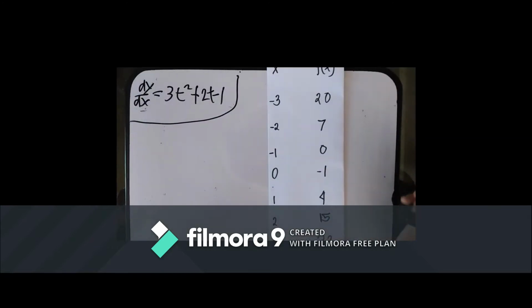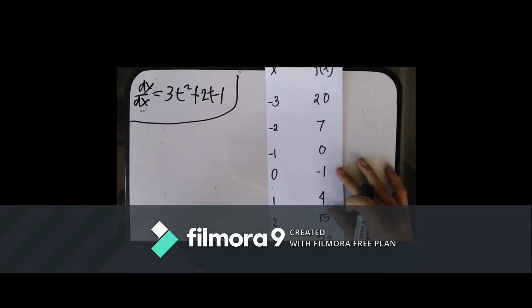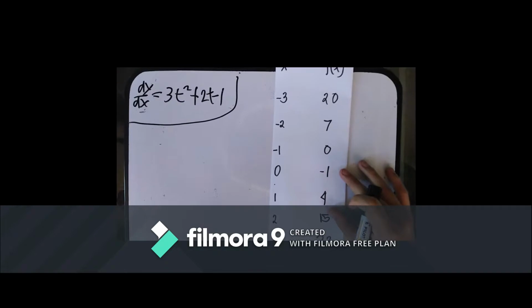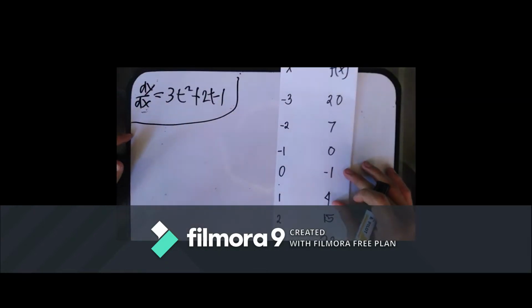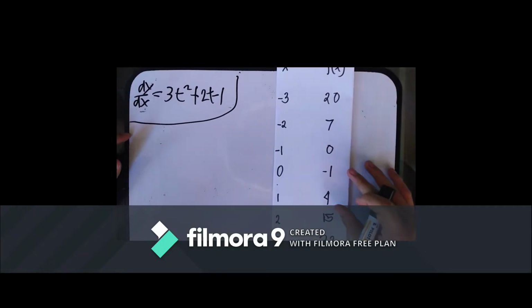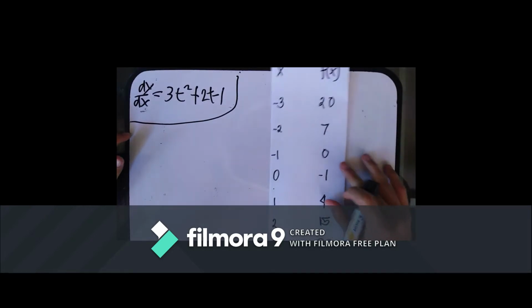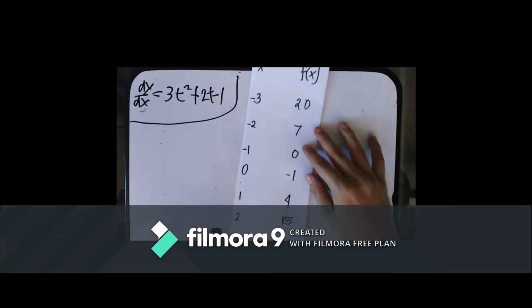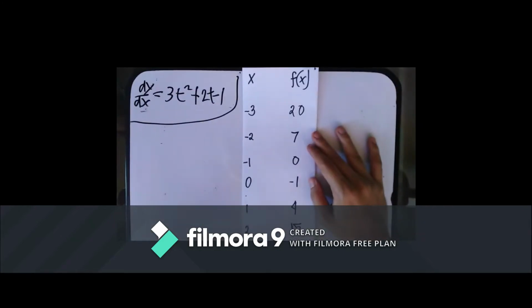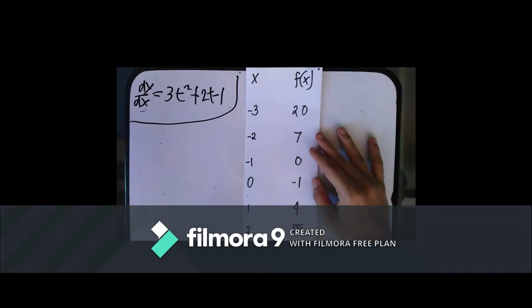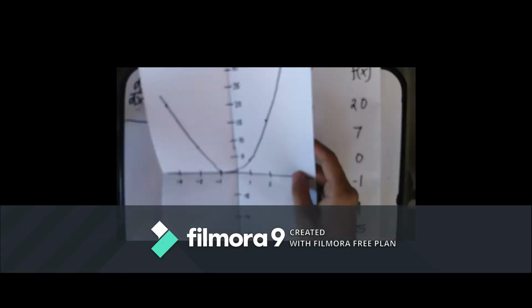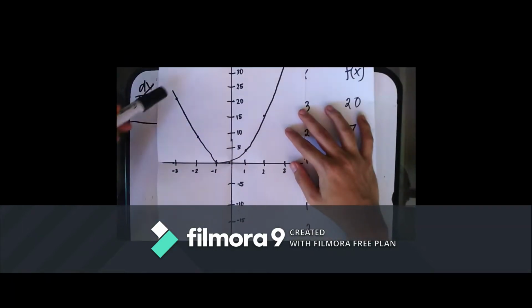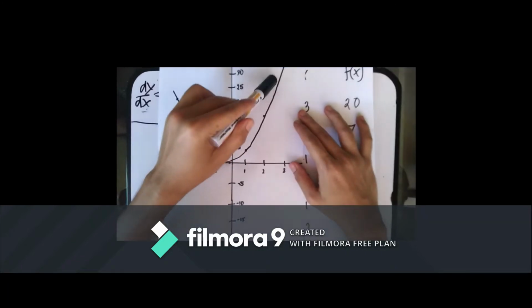Now we will sketch the graph of this answer by the table of values. This is the table of values, the result, and this is the graph. As you can see, it's formed like a parabola.